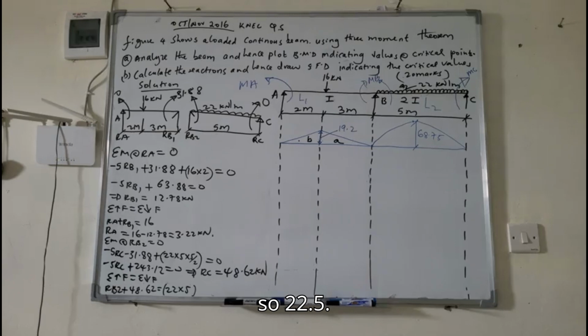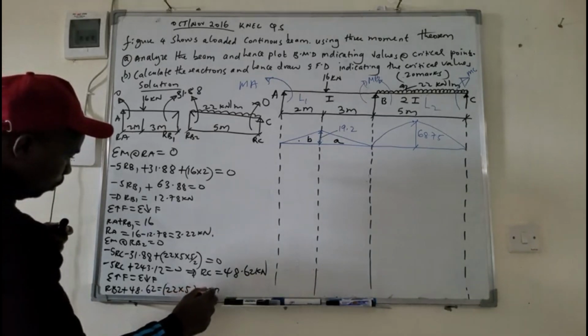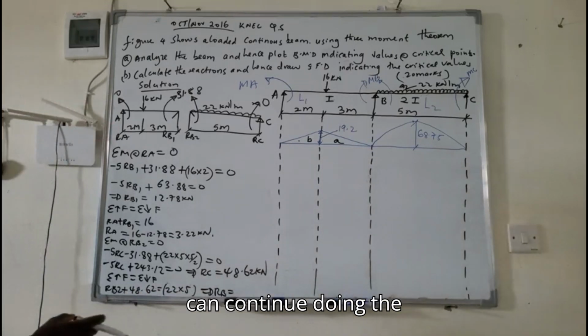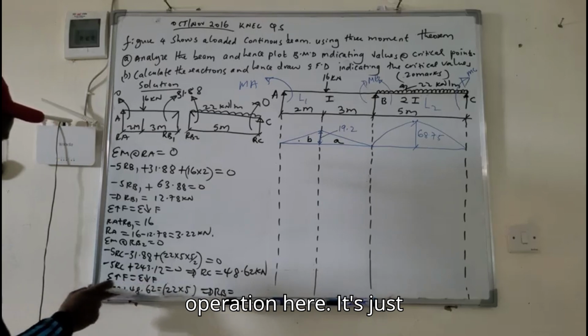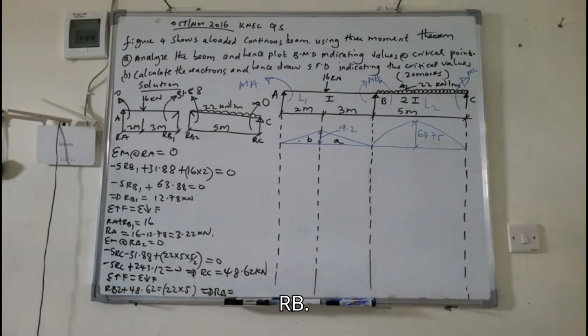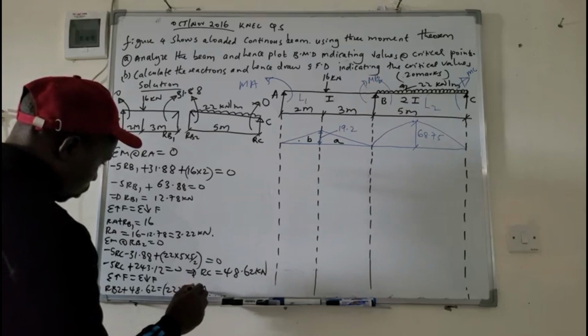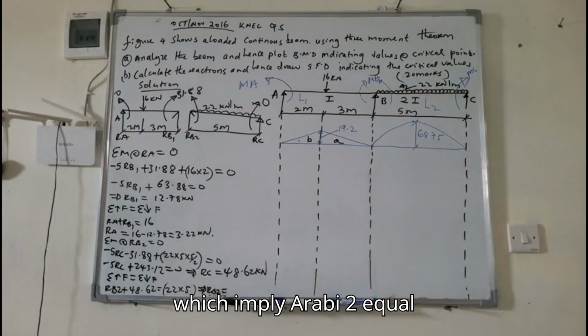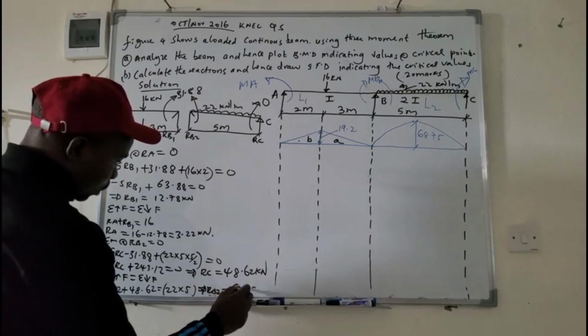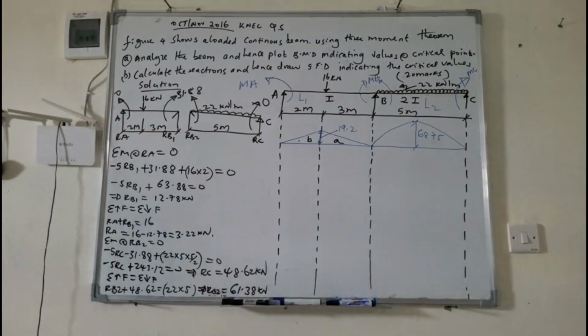So 22 times 5. You can continue doing the operation here, it's just mathematical, and then you will obtain RB2, which imply RB2 equal to 61.38 kilonewton.